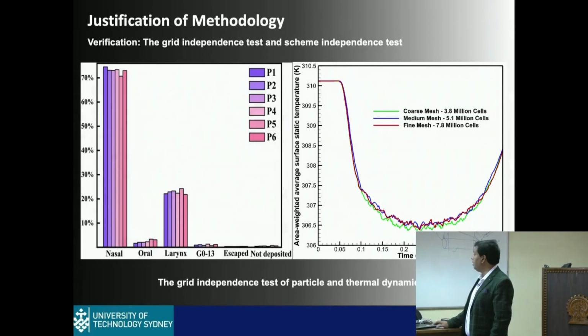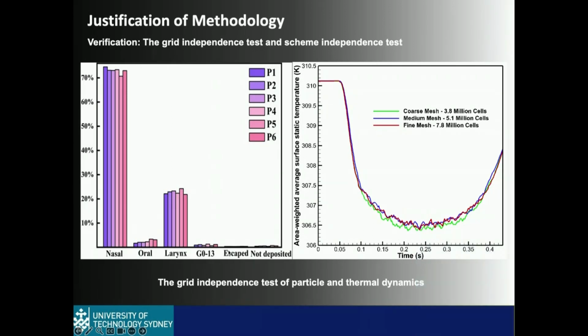And this is the other way we locally validated our model as well, like the nasal, the oral, the larynx, and from generation 0 to 13. We also calculated how many particles actually escape, go out from the lung, from the outlet, and are not deposited.